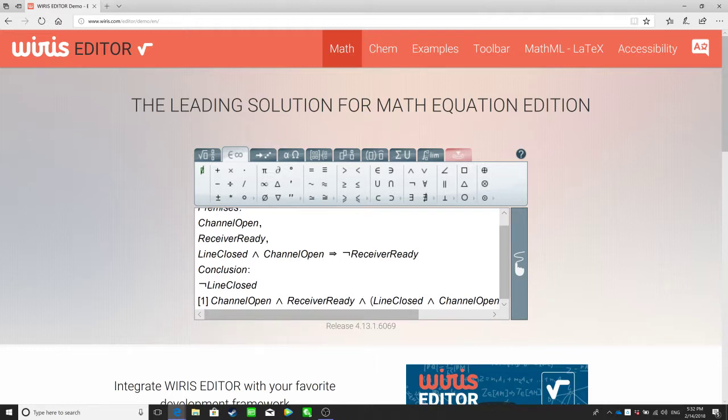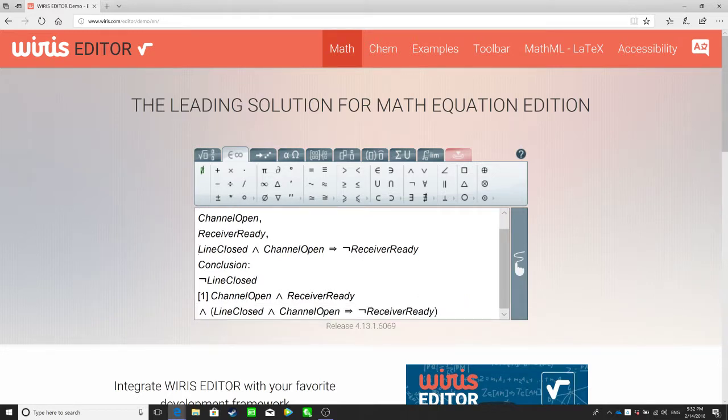So it's channel open and receiver ready, and this whole thing we need to group together. And line closed and channel open implies negation receiver ready, right?